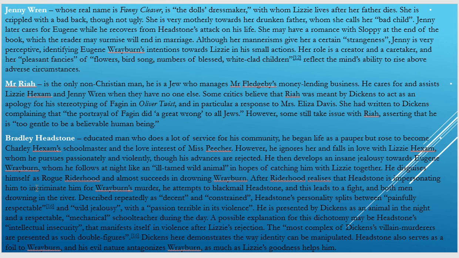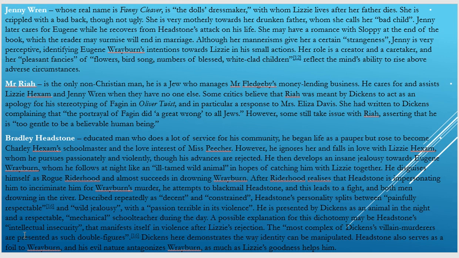Murder. So he's trying to get Rayburn murdered, but he found himself dead later on. So he's presented by Dickens as an animal in the night and a respectable mechanical schoolteacher during the day. Dickens also demonstrates the way identity can be manipulated.